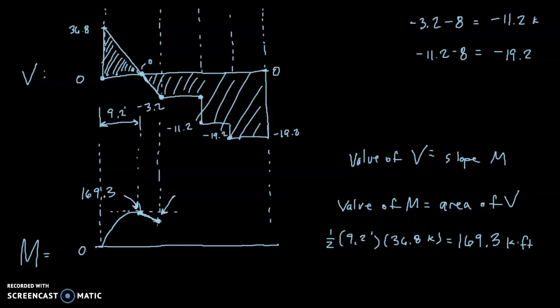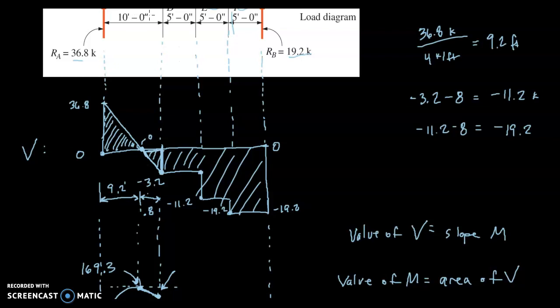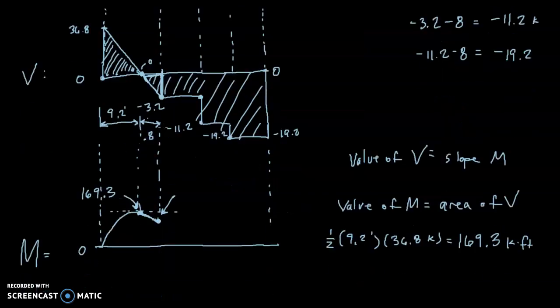What is the value on the moment diagram right here? Well, I have to subtract from that maximum moment value the area of this triangle. If that was 9.2 feet over there, this is going to be 0.8 feet over here, because the total span to the end of the applied load was 10 feet.